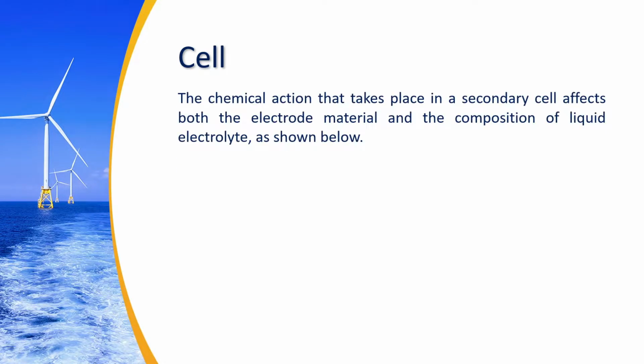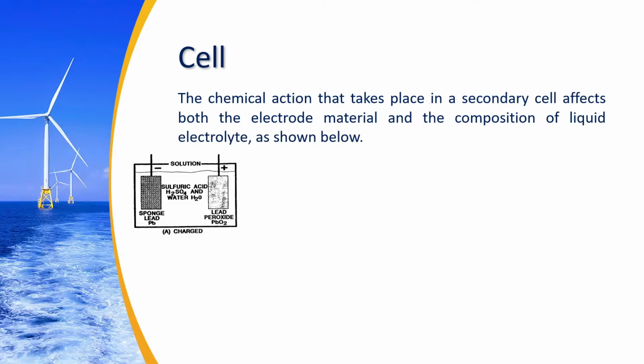So, the chemical action that takes place in a secondary cell affects both the electrode material and the composition of a liquid electrolyte, as shown below. Okay? So, kapag charged yung cell natin, ganito yung itsura ng loob niya. Okay?